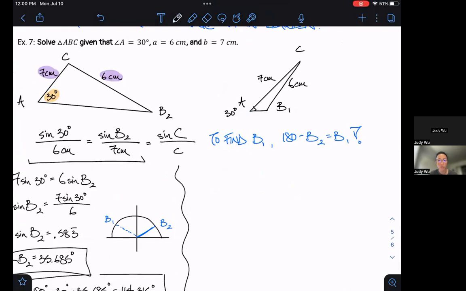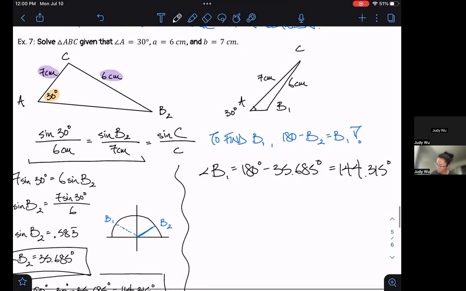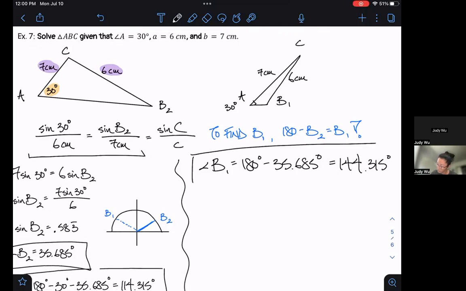It does explain to us why we're able to just do 180 minus B2, okay? So angle B1 equals 180 degrees minus 35.685 degrees. And we end up with B1 as 144.315 degrees. Okay, so I was able to do 180 minus it.